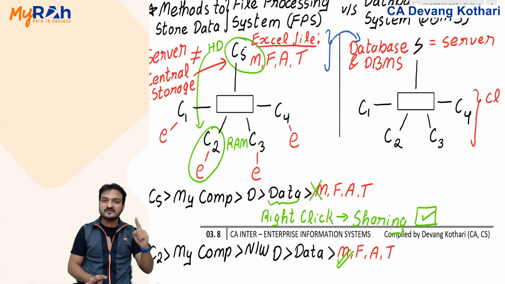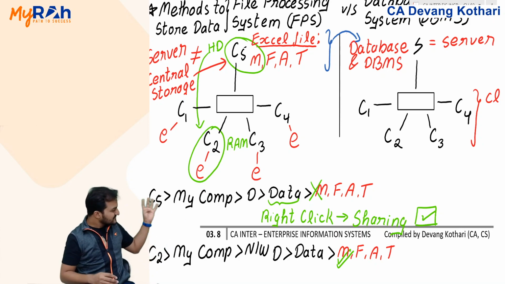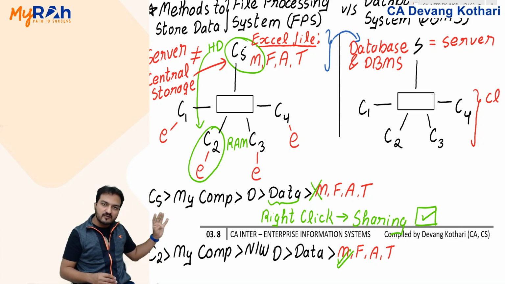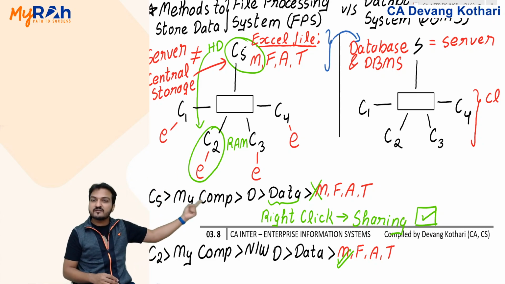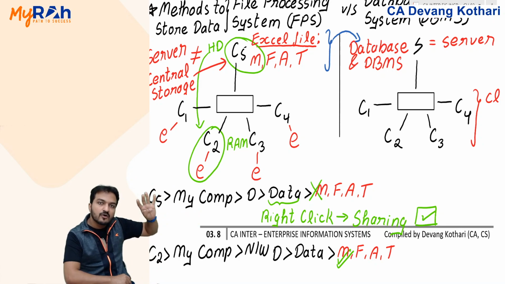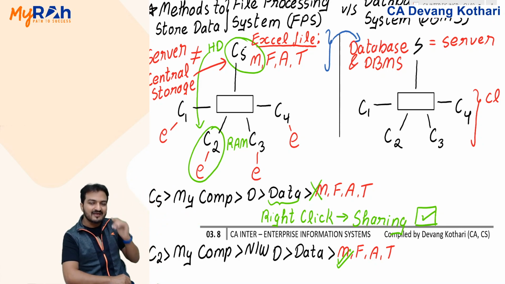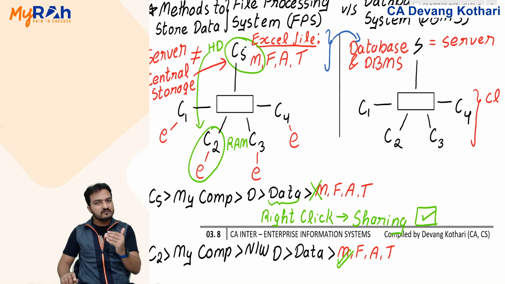I never said one table. Earlier in the Excel file method, I had 4 tables in 4 separate files. But now in the DBMS method, all 4 tables are in one file itself. So all the 4 tables combined into one file becomes the database.